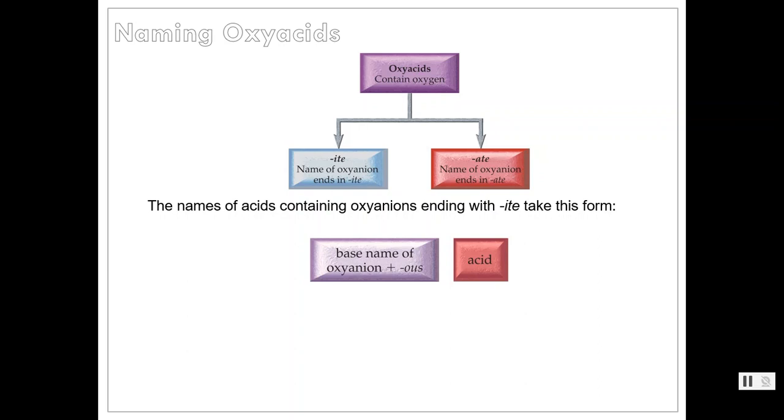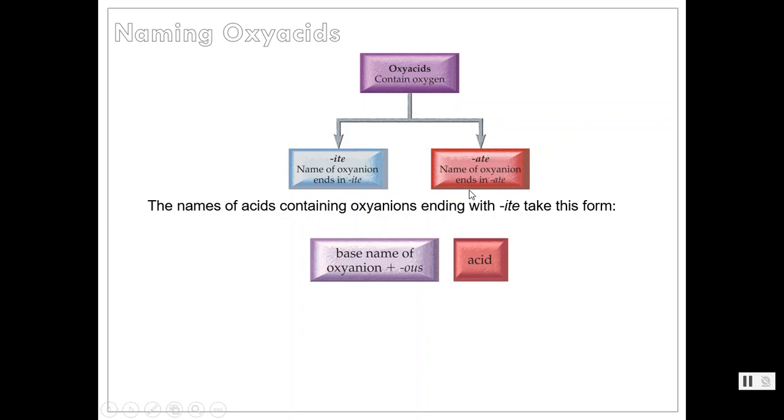So for example, if you had phosphite, the ending name of that acid would be phosphorus acid. So the names of acids that have an oxyanion that ends in "ite," the acid name would be "us" acid.